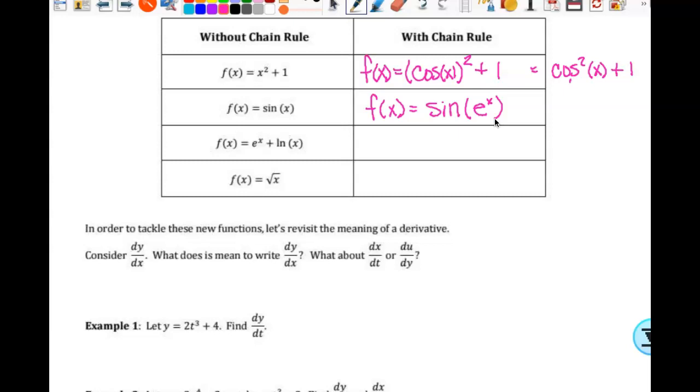I have f of x equals e to the x plus the natural log of x. I could have f of x equals e to the x squared plus 1 power plus the natural log of the sine of x.